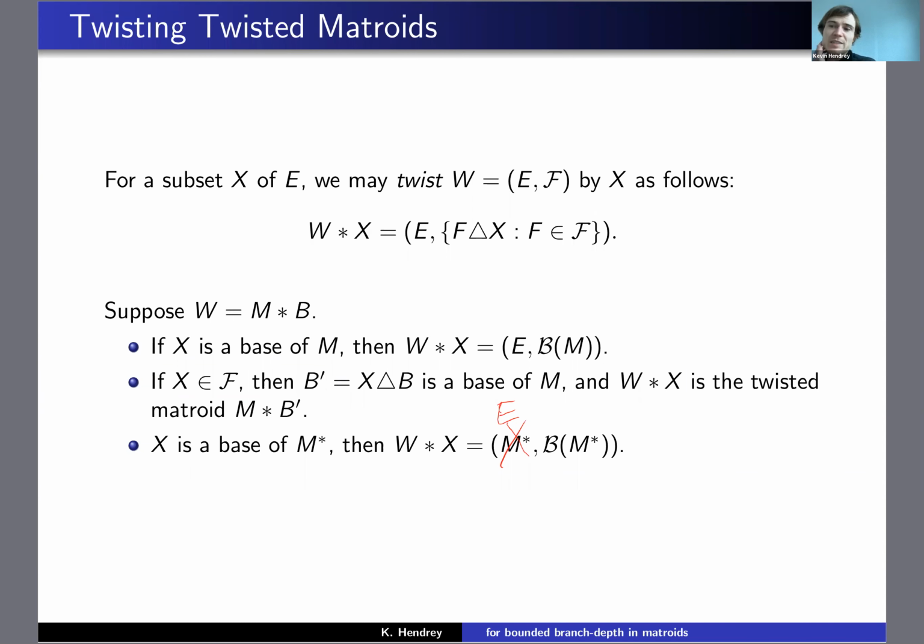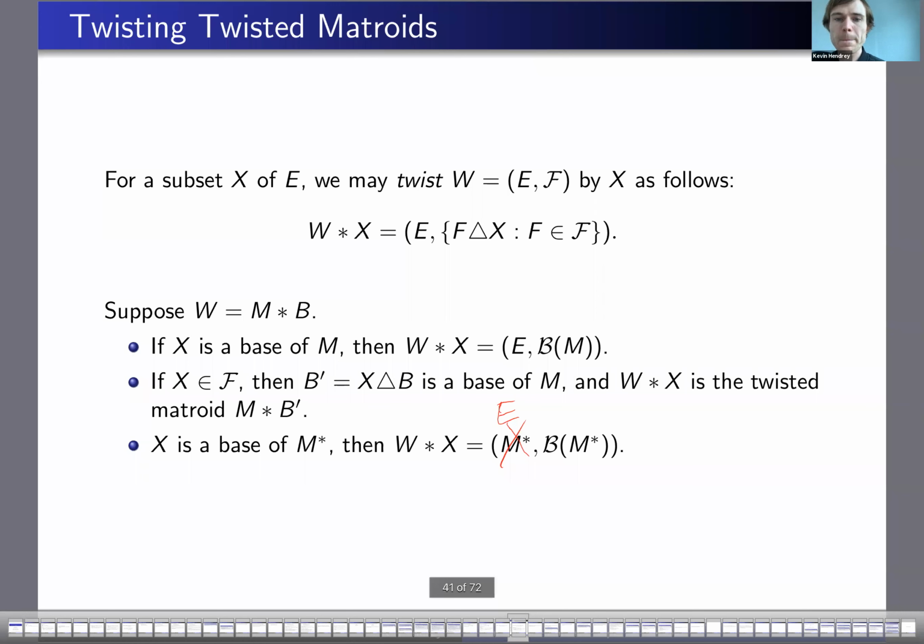So we get the set of bases of the dual. So the nice thing about twisted matroids is that they contain almost all of the information of the matroid, except they can't distinguish between matroids and their duals. So they have this nice symmetric property.